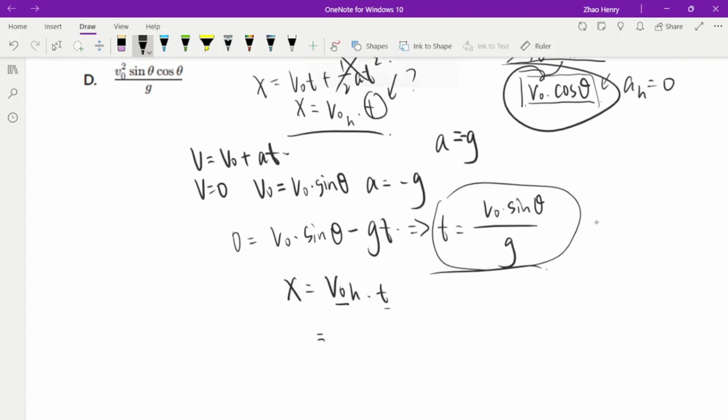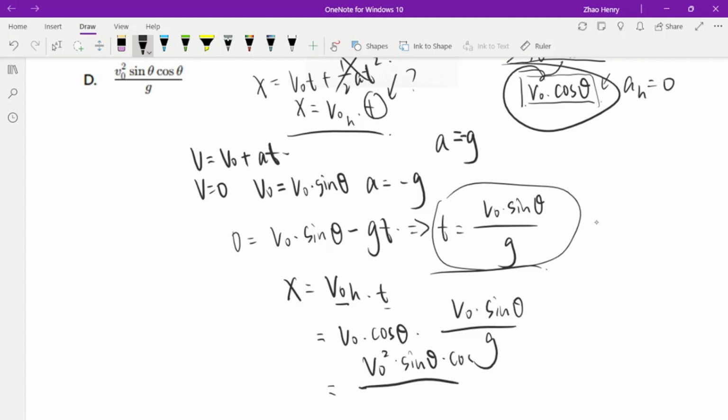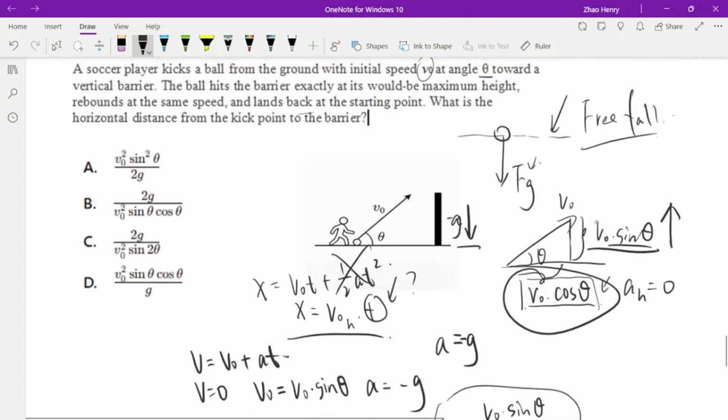So let's plug these two in. It's equal to v0 times cosine theta times v0 times sine theta over g. Let's combine them and reform them, and then we can get the final answer, v0 squared times sine theta times cosine theta over g, which means D is the correct answer.